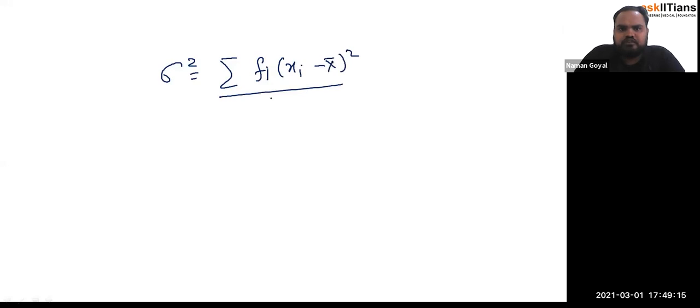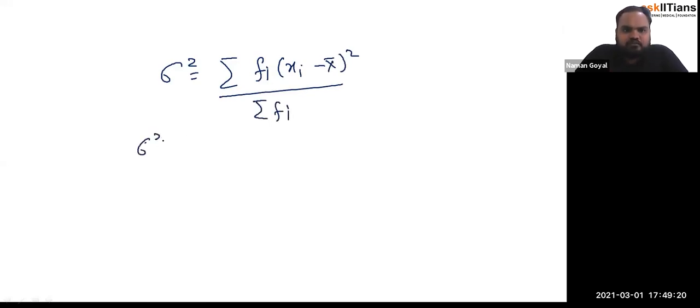Okay. Now see, the formula is what? Sigma square is summation fi xi minus x bar square upon summation fi, right? Isn't it?